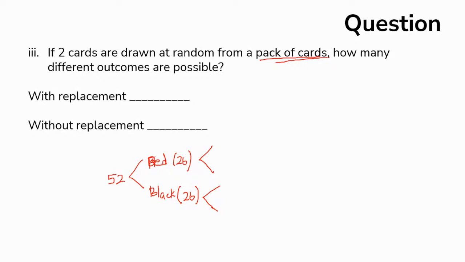Red has two shapes: heart and diamond. Black has two shapes: spade and club.